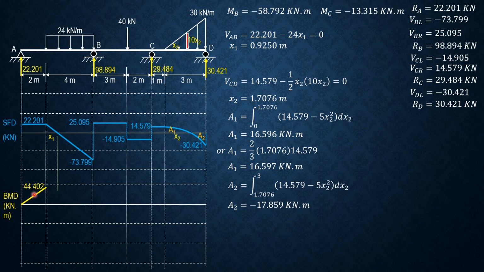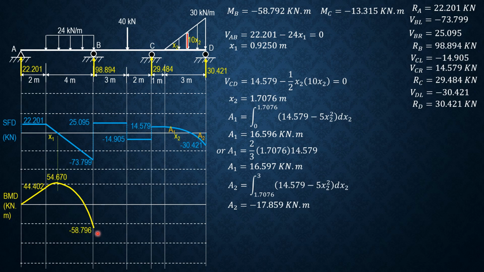So 44.402 plus 1/2 of x1 times 22.201, that would be, use your calculator, 54.67. Then minus the area of this triangle, which is 54.67 minus 1/2 of 4 minus x1, 4 minus 0.925, times 73.799 from zero slope, negative increasing.